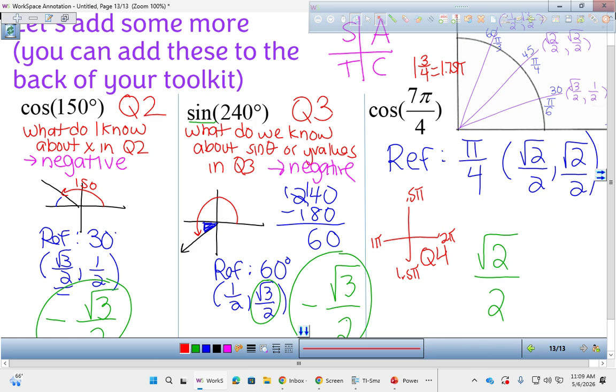What's positive in quadrant 4? Cosine. So sine and tangent are negative. So if I'm working with a cosine, then my answer is going to be positive. And if I'm working with a sine, then my answer is going to be negative. And I'm working with a cosine. Cosine's positive in quadrant 4, so I don't have to add a negative to this answer. It's just √2/2.